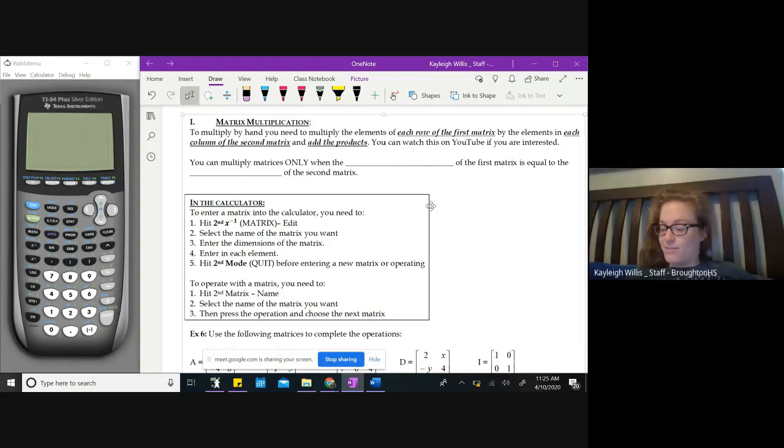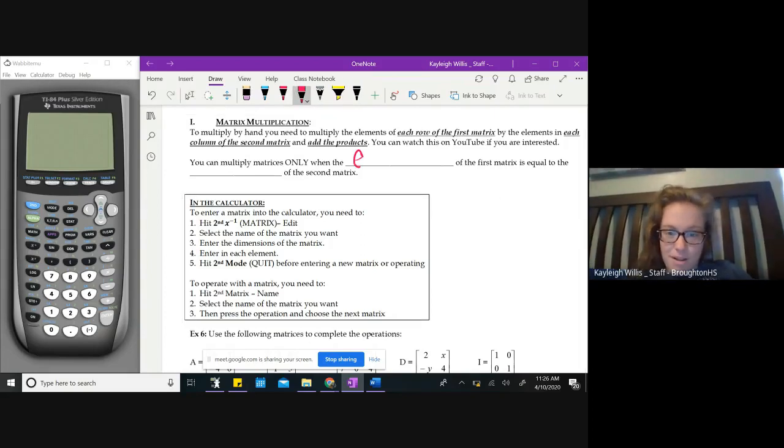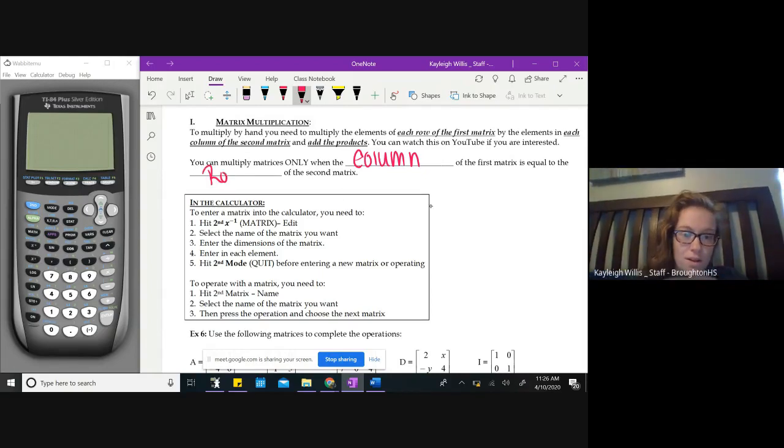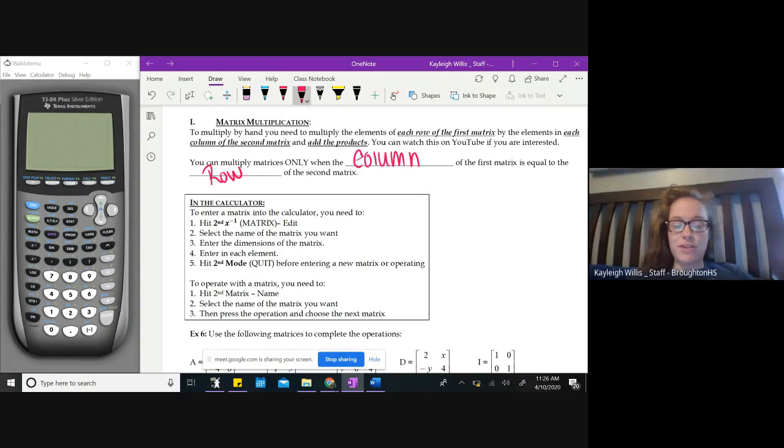But the thing you have to realize is you can only multiply matrices when the column of the first matrix, so let me get my pen back up, the column of the first matrix is equal to the row of the second matrix. So you have to know your dimensions.